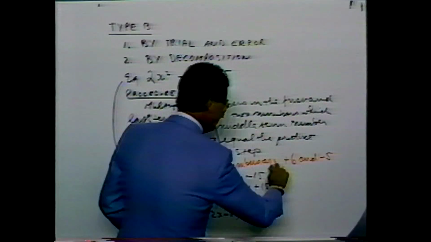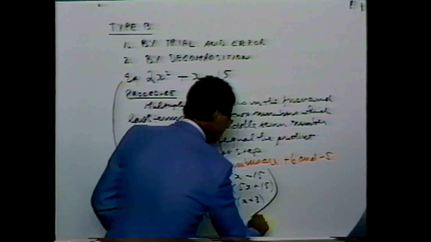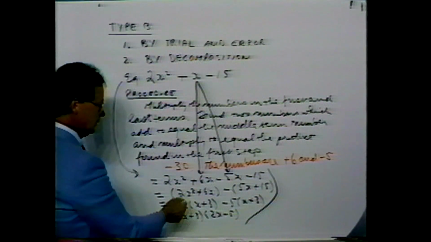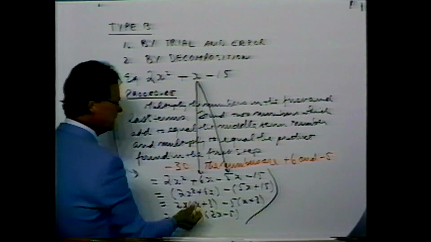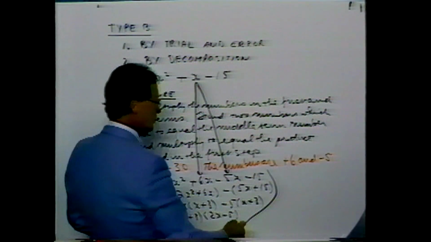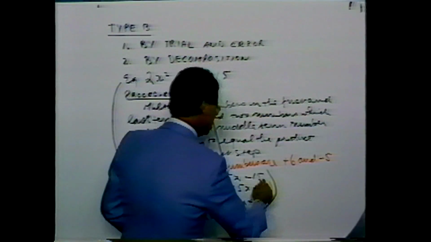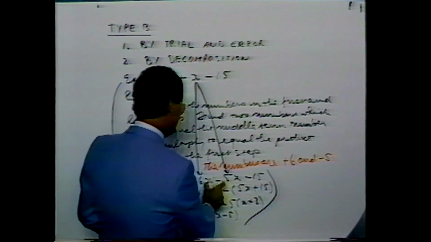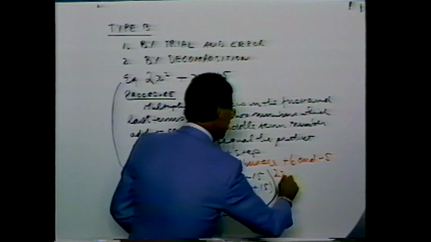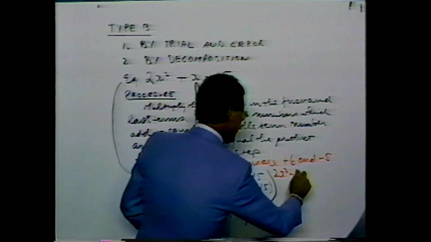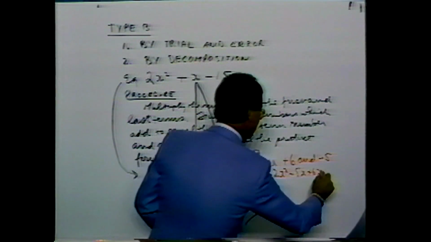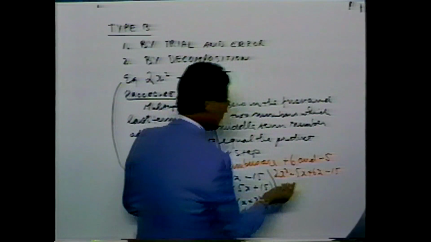I'm going to do this problem again over here, but I will switch 6x and 5x around, and you'll see that we will get the same result. Instead of using the decomposed numbers in that order, I will write 2x squared minus 5x plus 6x minus 15. Obviously, it's the same thing.